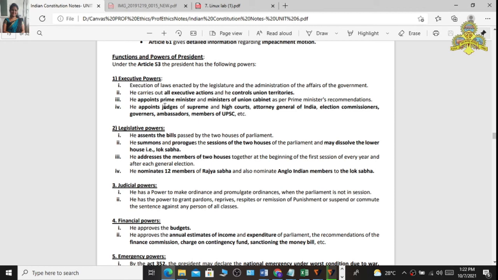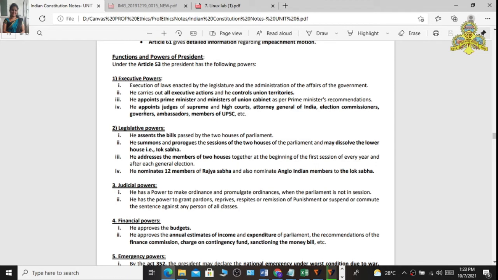He can appoint the prime minister. He has a power to appoint prime ministers and ministers of the union cabinet as per the prime minister's recommendations. Okay, the president has a power to elect the prime minister, and as per the recommendations given by the prime minister, he has a power to appoint other ministers of the union cabinet.